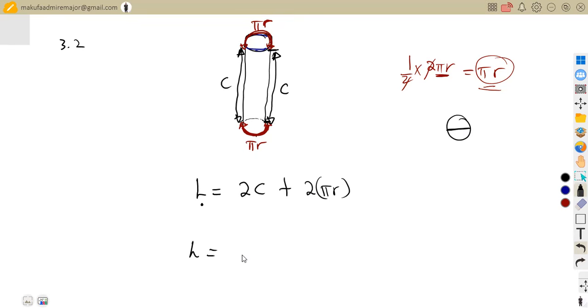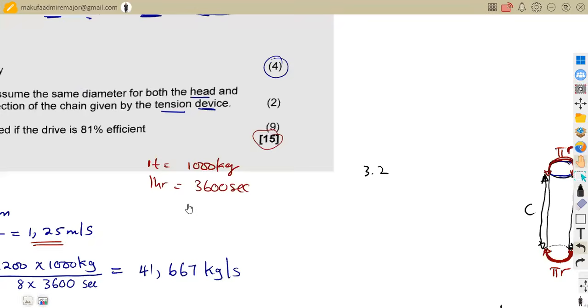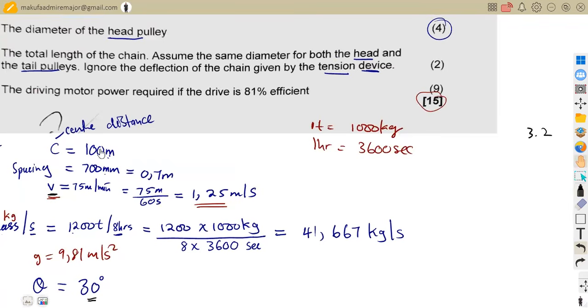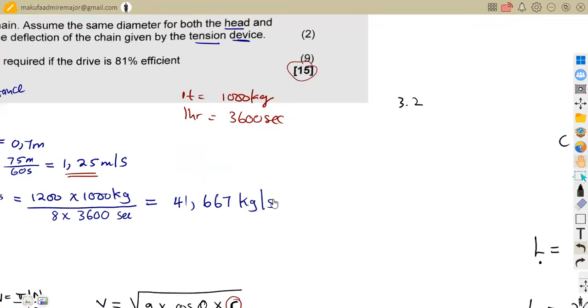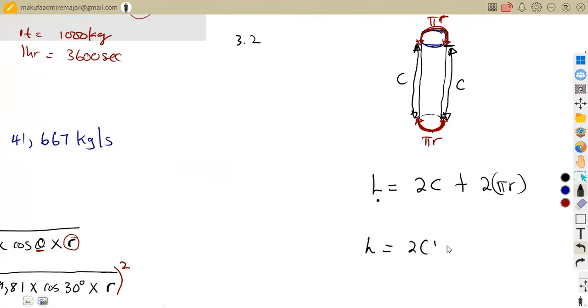All right, so the total length is going to be 2 times C. We have our C in this case. On this information, C was given as 100 meters. So we're going to have 100 meters plus 2 pi times r, which is the radius in this case.